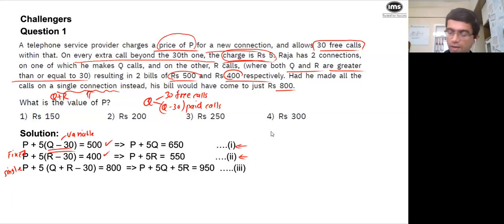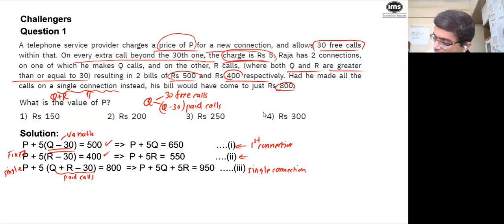So Q plus R minus 30 is going to be the paid calls from a single connection, and his bill would have been just 800. That gives him P plus 5Q plus 5R is equal to 950. Right? So this is from the single connection scenario. The first one is the first connection, and this is the second connection.